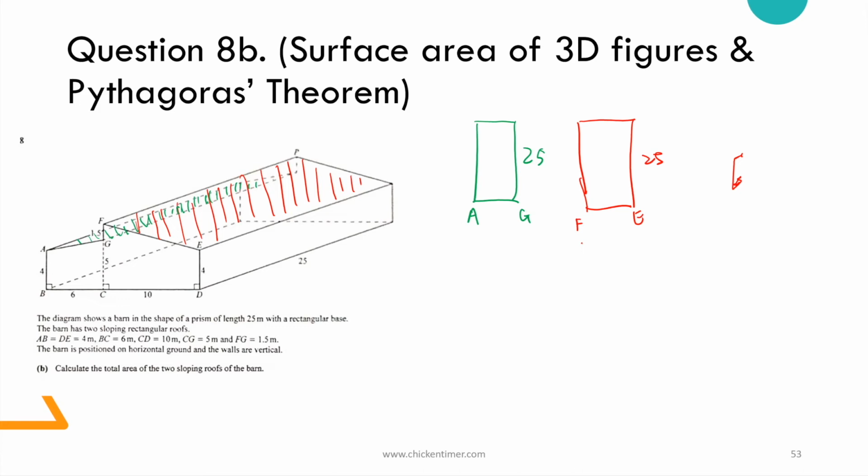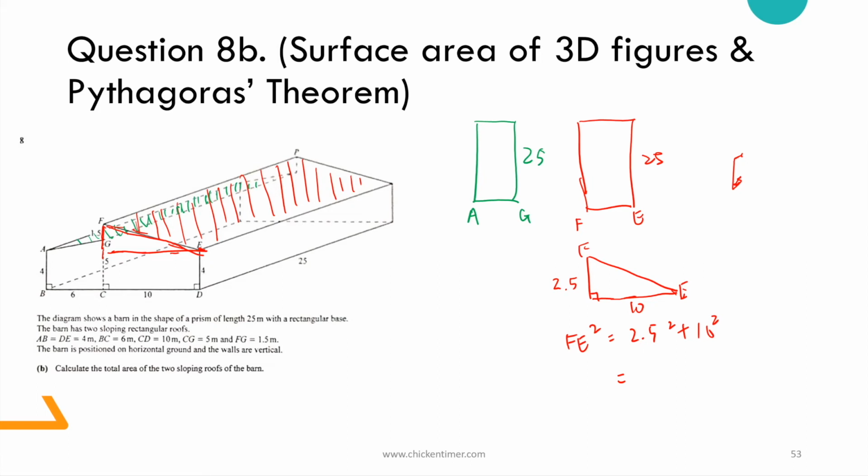So you consider this section here. To find FE, we have to single out that section, this triangle. So this will be 2.5 and this side is 10. So via Pythagoras theorem, FE squared equals 2.5 squared plus 10 squared.